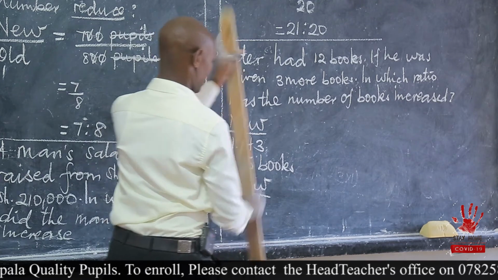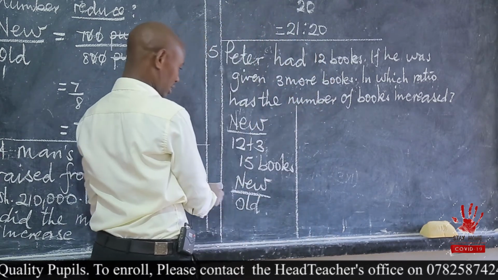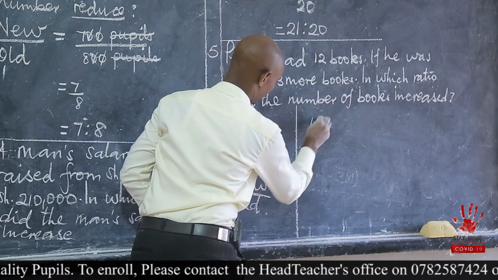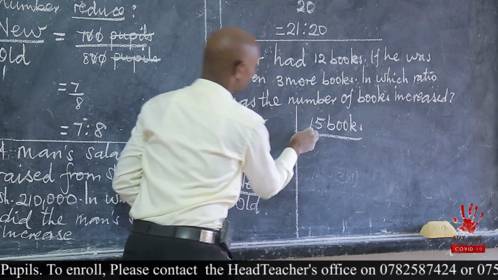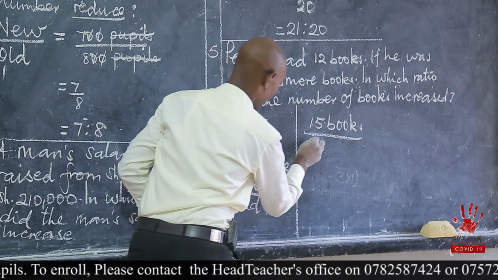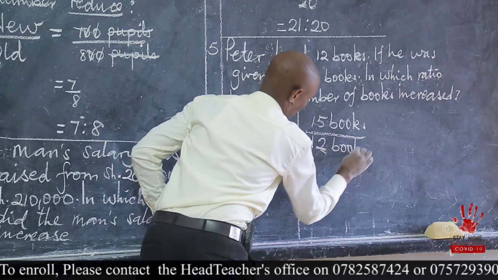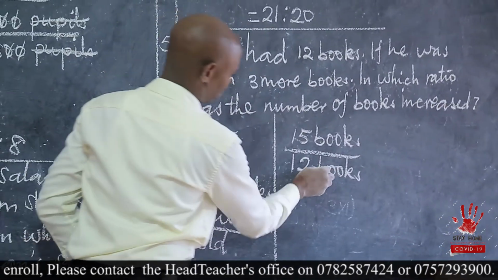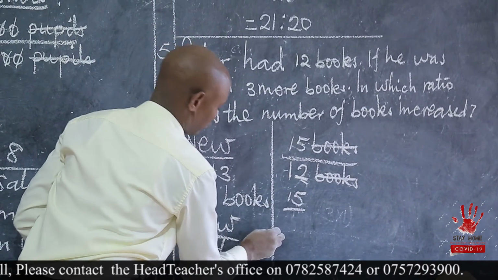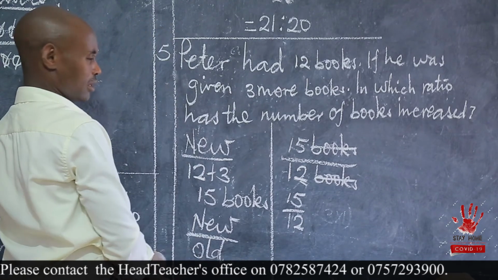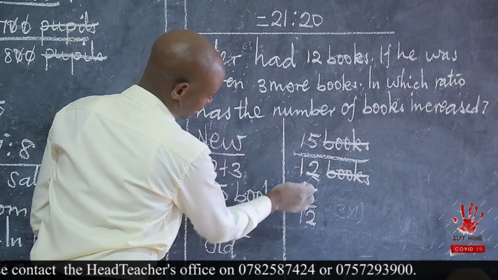Then we reduce in that fraction. New number of books, he has now 15 books. But before he was given 3 more books, he had 12 books. Then you reduce. Books and books will cancel. I remain with 15 out of 12. Can that fraction be reduced to the lowest term? Yes. Which number can reduce?